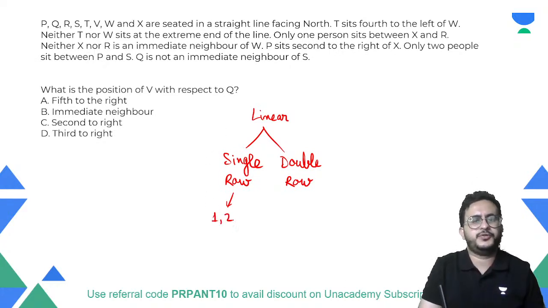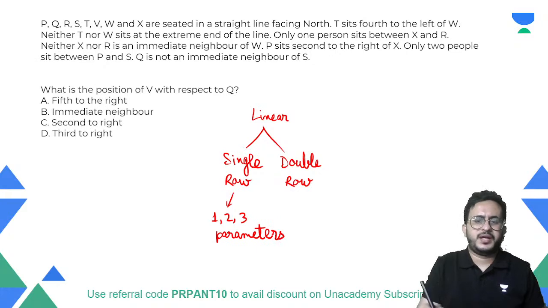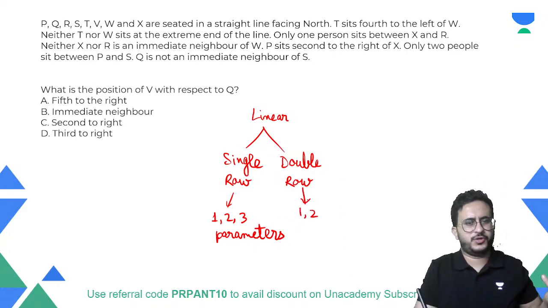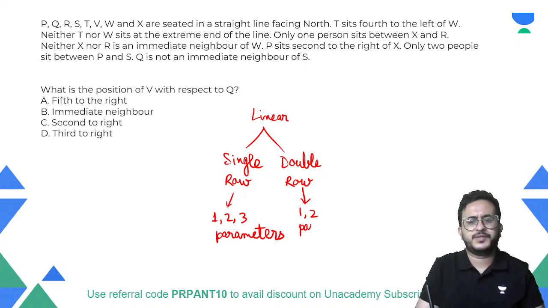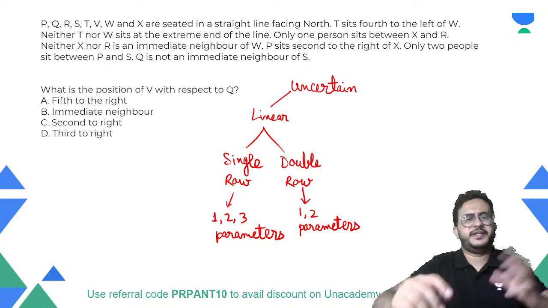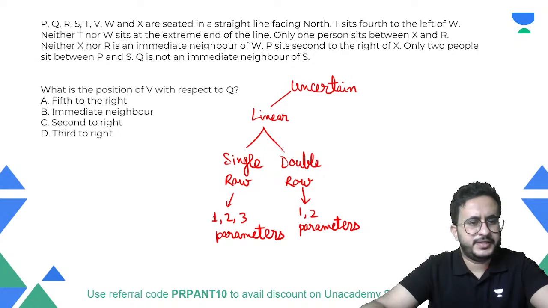It could be one, two, or three parameters. And in double row, maybe one or two extra parameters, not beyond that. Very unlikely three parameters, one or two parameters in this. And in linear, you might also have an uncertain number of people. So these are the different varieties of questions you can get in linear arrangement.